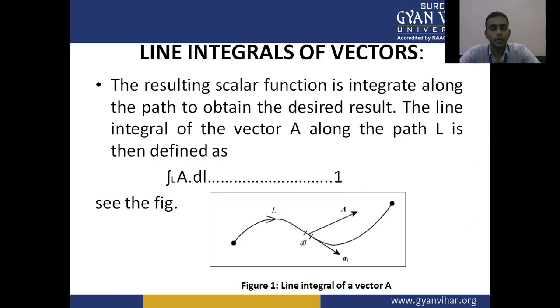Line integral of vectors. The figure shows the line integral of the vector. We have a line in the direction of the unit vector aL, and the figure shows the vector A and the differential length dl.